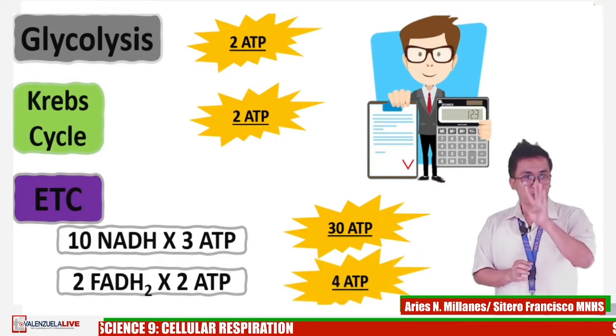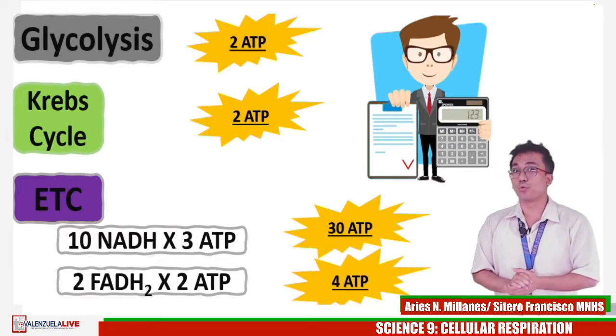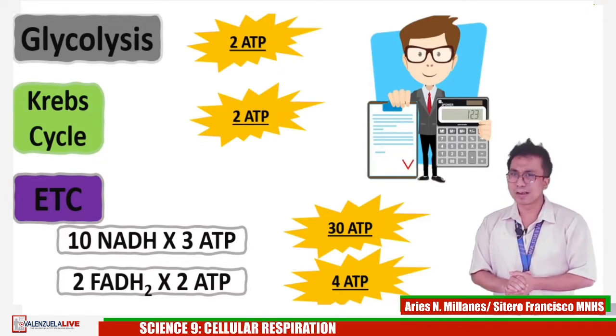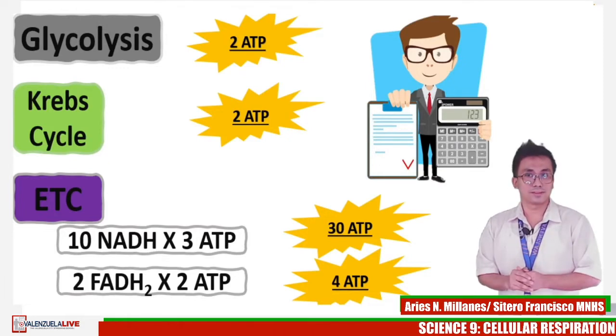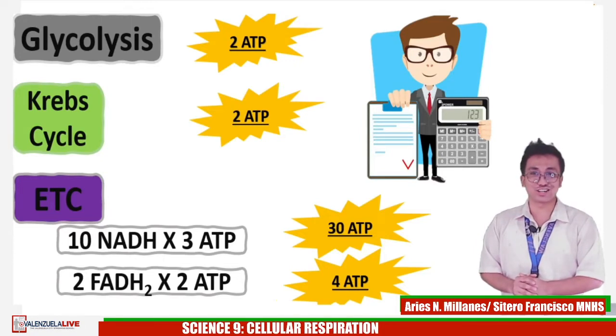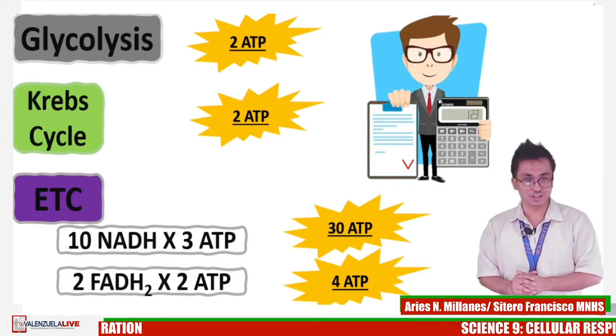We have 4 ATPs. In grand total, we have a net ATPs of blank. How many ATPs do we have? Correct. We have 38 ATPs in just one cycle of cellular respiration.